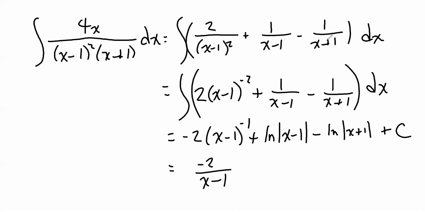Now, you can leave the rest of it alone, but I am going to use an algebra rule called the quotient rule for logarithms. Basically, it says if you subtract 2 logarithms, you can condense them into 1 logarithm by putting the first argument on top of the second.